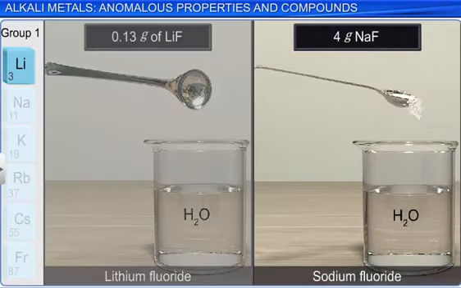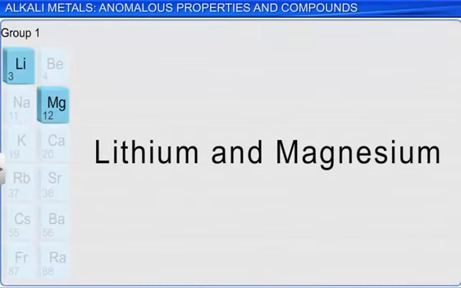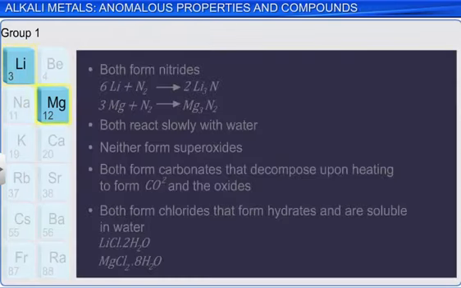The diagonal relationship between lithium and magnesium was mentioned earlier in this module. Lithium and magnesium have some notable similarities in their chemical properties. Both form nitrides, as shown in the reactions here. Both react slowly with water.